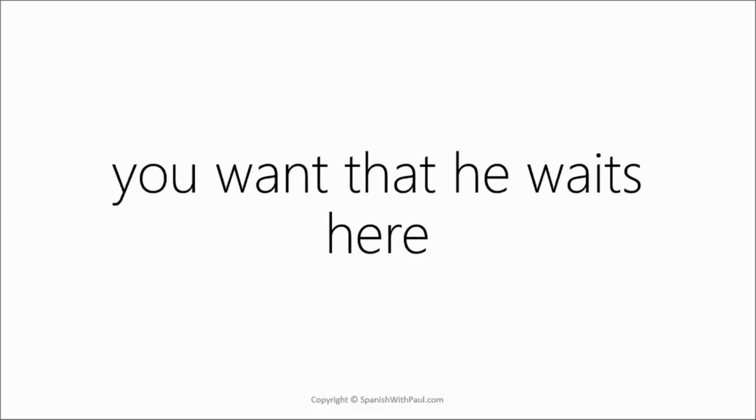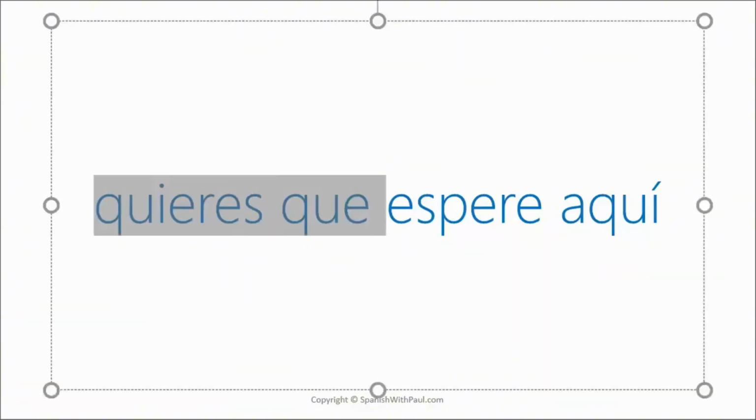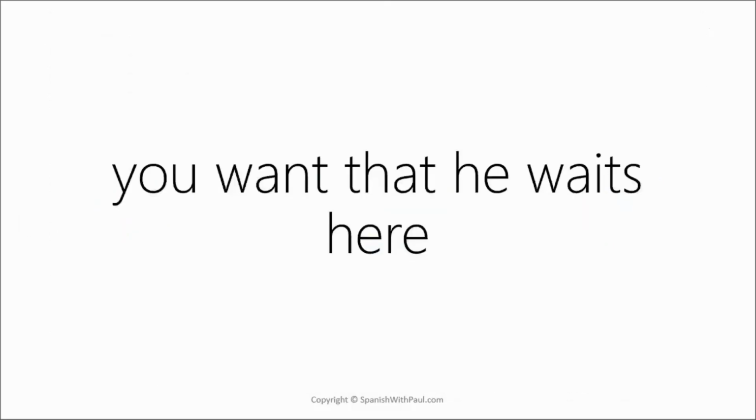You want that he waits here. So to translate this, you want would be quieres, and you want that, quieres que. Here we have a trigger for the subjunctive. So we have espere in the subjunctive. Quieres que espere aquí. You want that he waits here.